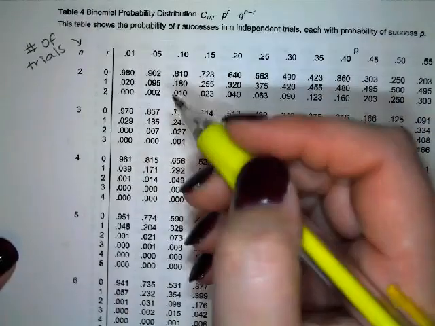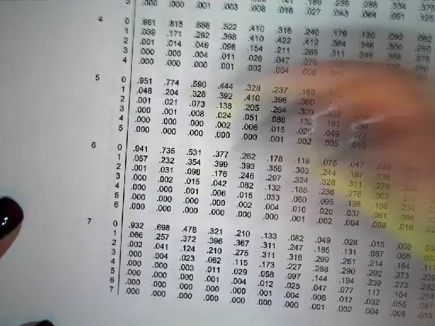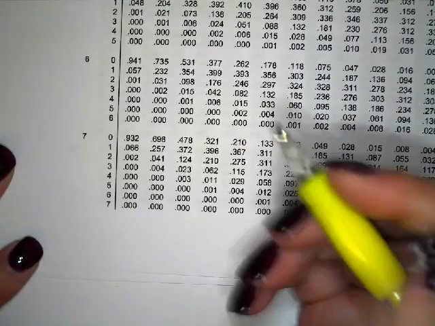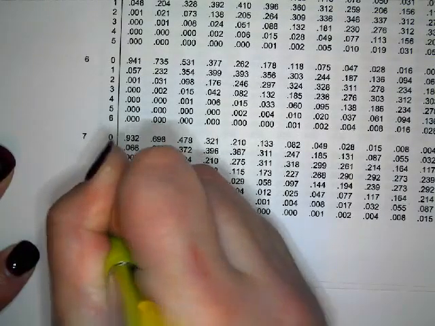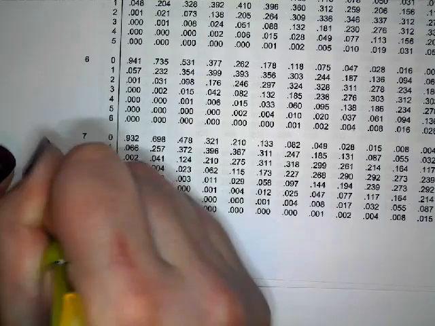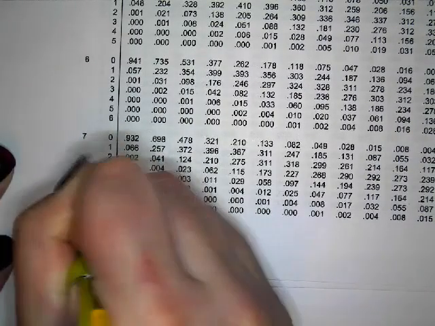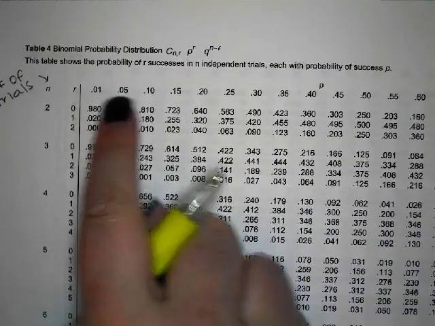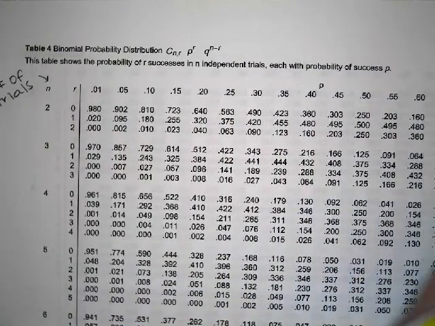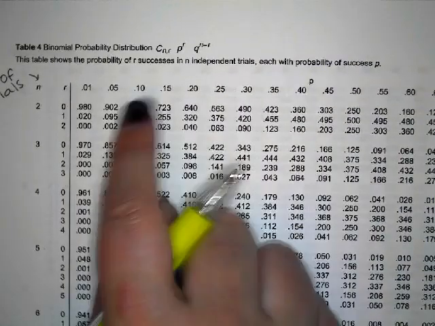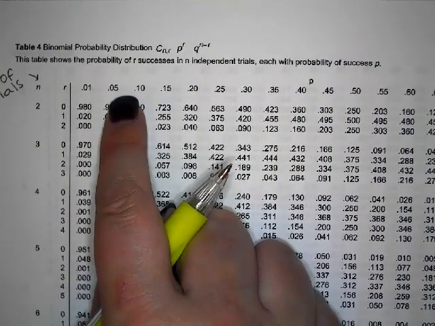This column right here is the number of successes you want to have. Okay? Across the top here is the probabilities, and you'll notice this is not every single probability you could have. They basically, except for the first one, go by 5s, so that's going to limit when you can use the table as well.